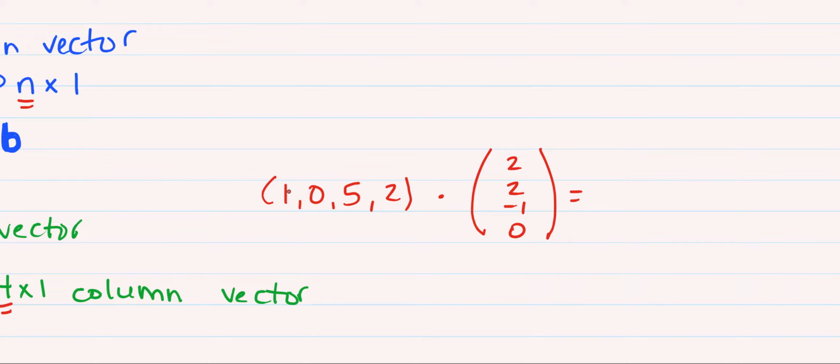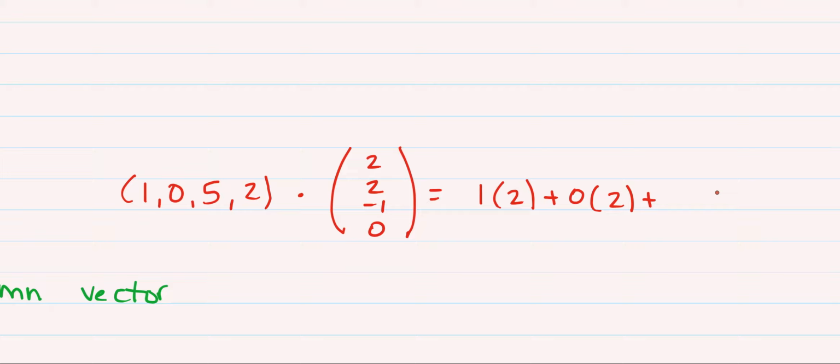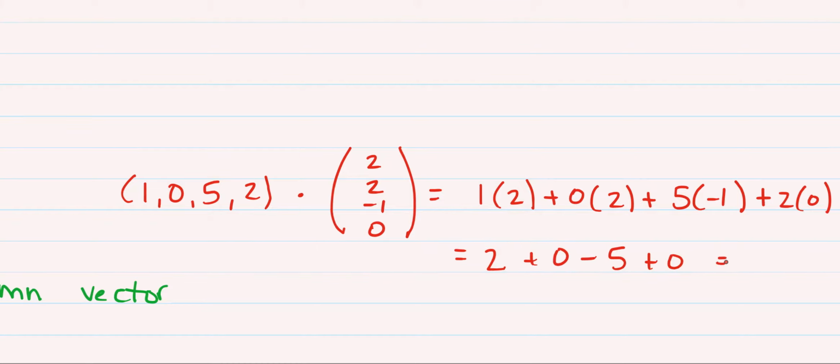We're going to take the first entry in the row times the first entry in the column, so 1 times 2, plus the second entry in the row times the second entry in the column, 0 times 2, plus the 5 times the negative 1, plus the 2 times the 0. So let's simplify this. This is 2 plus 0 minus 5 plus 0. We get negative 3. So we got a 1 by 1 matrix.